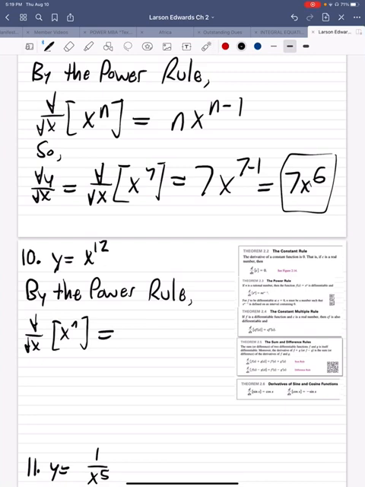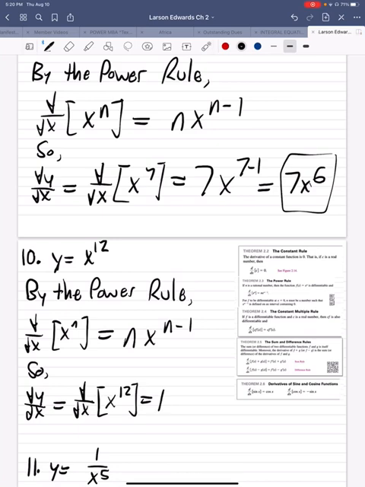The derivative of x to the n power is equal to nx to the n minus 1. So dy dx is equal to the derivative with respect to x of x to the 12th, which is equal to, bring the power in front, 12, x to the 12 minus 1, which is 11. There we go.